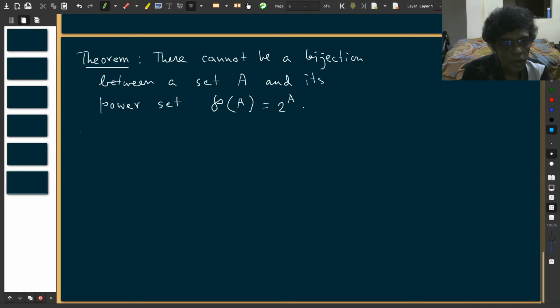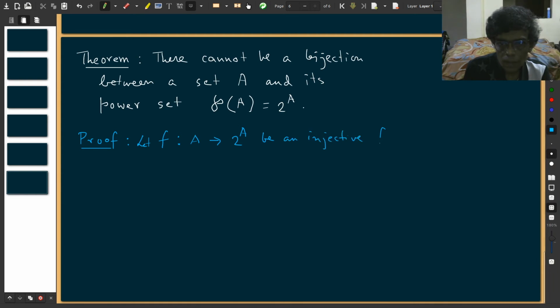So, proof. Let me first give you an algebraic proof, and then I will show why this is also a diagonalization argument. So, again, f from A to the power set of A, an injective function. Okay, injective function.